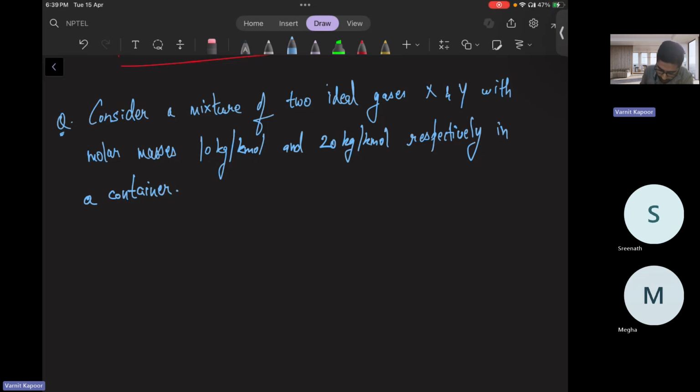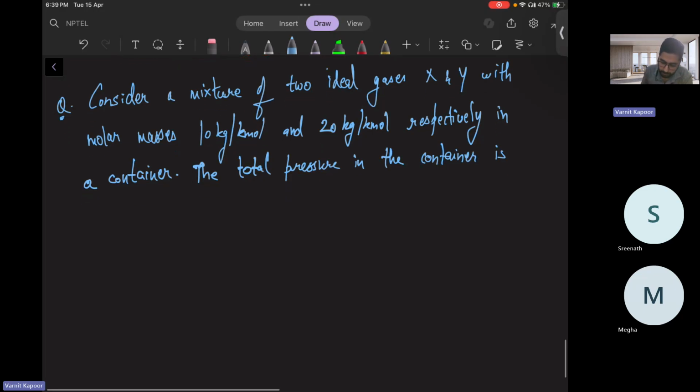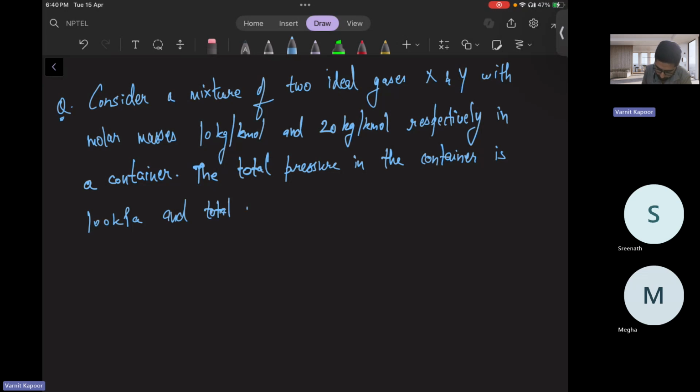The total pressure in the container is 100 kilopascal, and the total volume of the container is 10 meter cube.